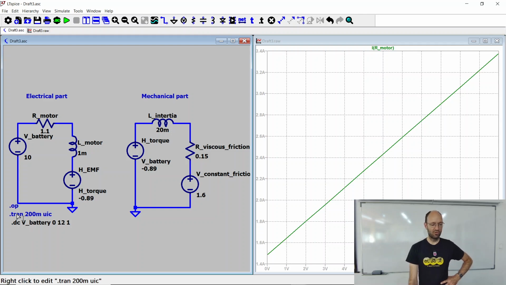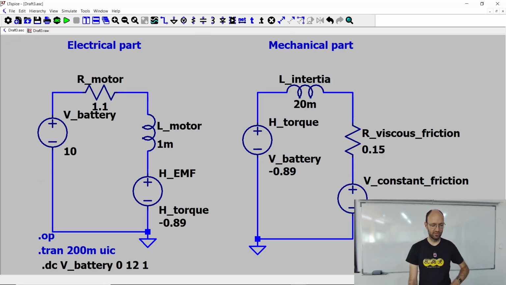Yeah, so in this model here, maybe let me make this larger once again. There is still a command for the operating point solution and for the transient analysis, but they are now inserted like a text. So the color of text is blue and the color of real commands is black.